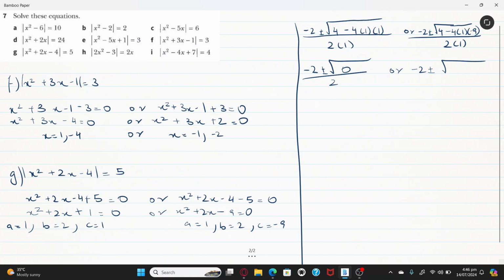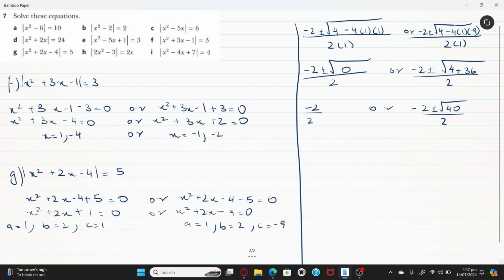No, it's correct. So -9 multiplied by -4 is 36, plus 4, divided by 2. So that's going to give us -2 upon 2, or -2 plus minus under root 36 plus 4, which is 40, divided by 2.